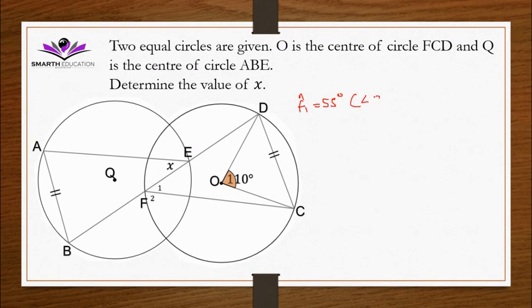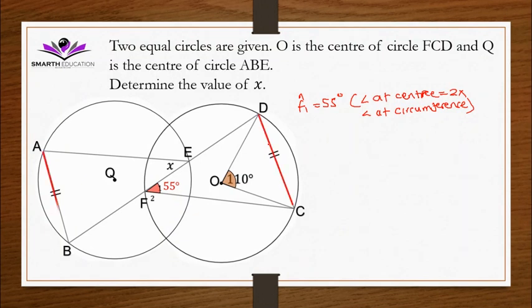Because angle at center equals 2 times angle at circumference. So this angle F1 here is 55 degrees.